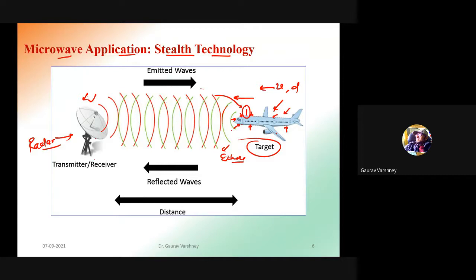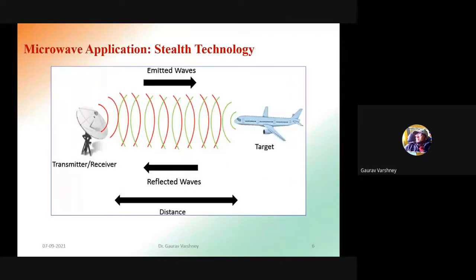Once this signal is perfectly absorbed, no reflected wave will be there, which means the enemy radar system will never be able to detect our target. We will hit the target and return back, and our aircraft will return safely. This is the concept of stealth technology that must be developed properly.